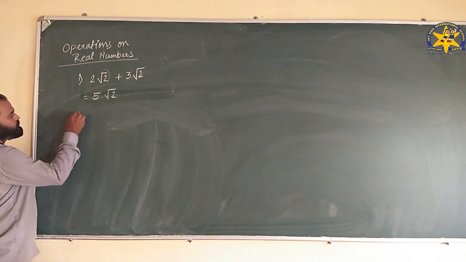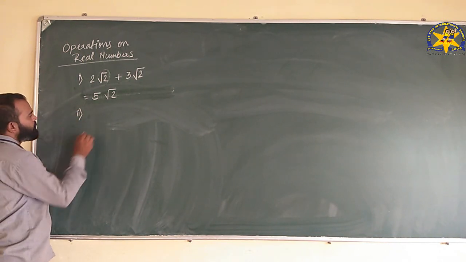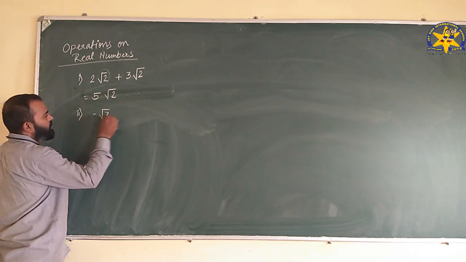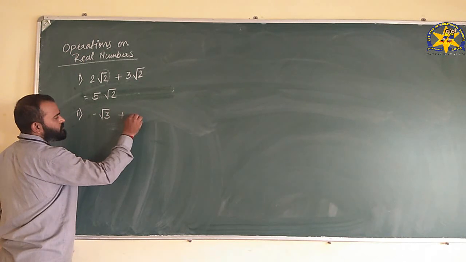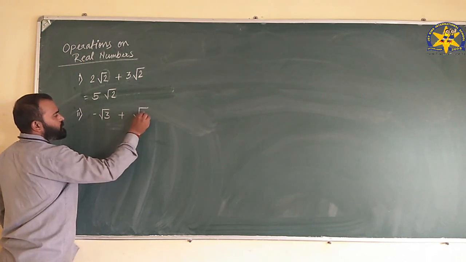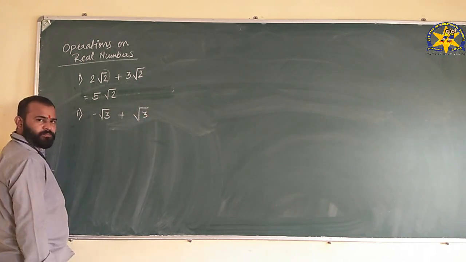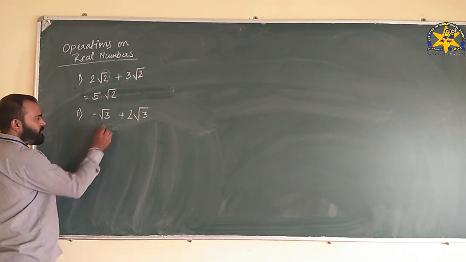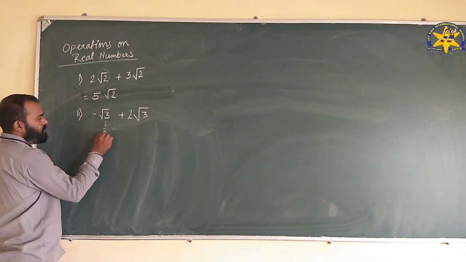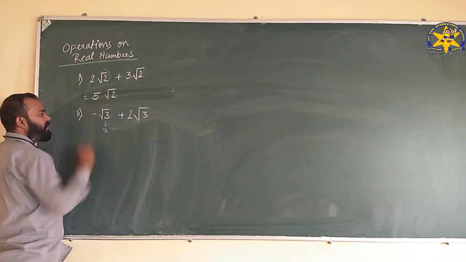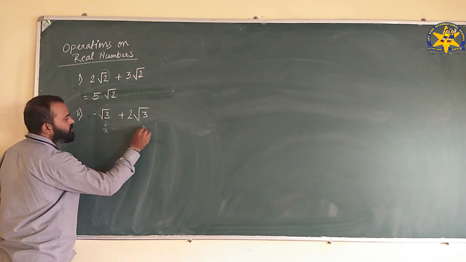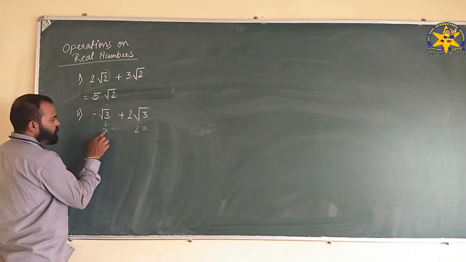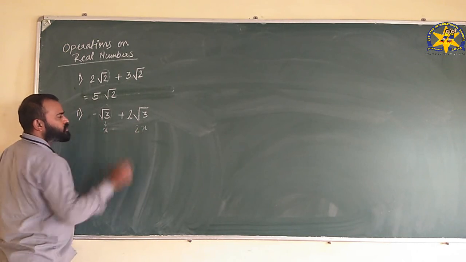Second one: minus √3 plus 2√3. Here what is the variable? x. This whole √3 is one variable x. Here also there is √3, so here also it will be x. What is the coefficient? 2. So minus x plus 2x.